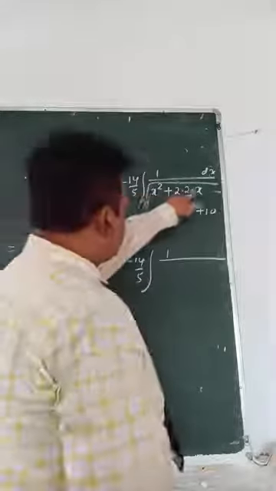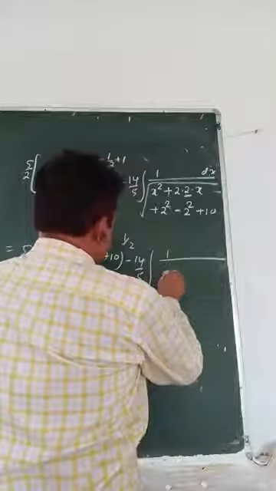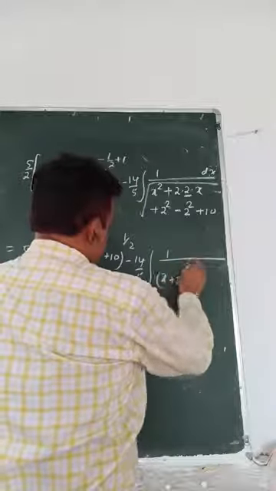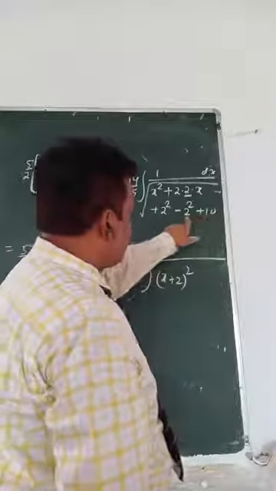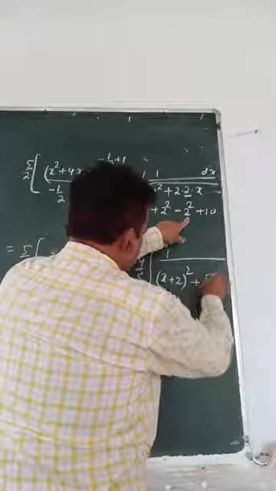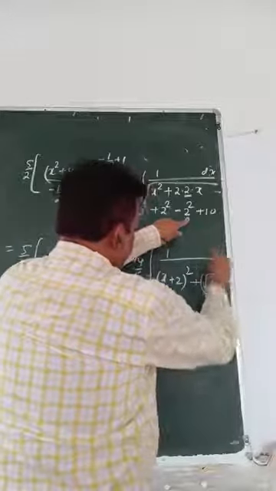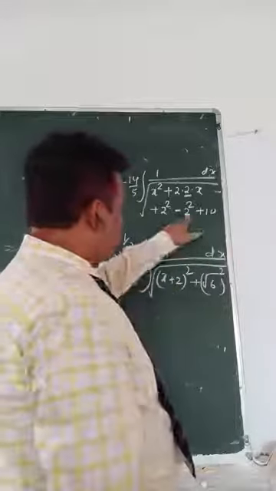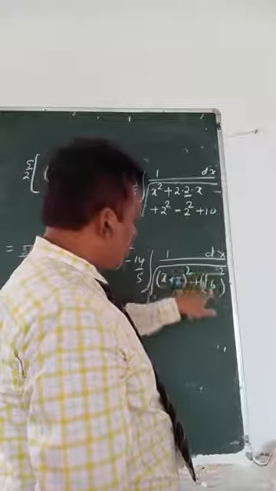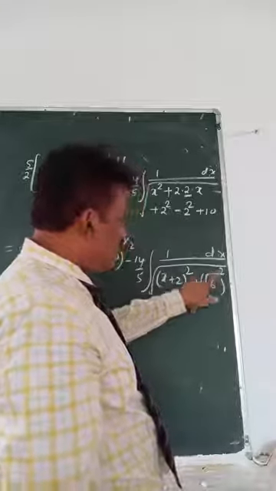This is x plus 2 whole square. This is how much? 10 minus 4, which is 6. You write plus root over of 6 whole square, because 10 minus 4 is 6. So 6 means square form, root 6 whole square.